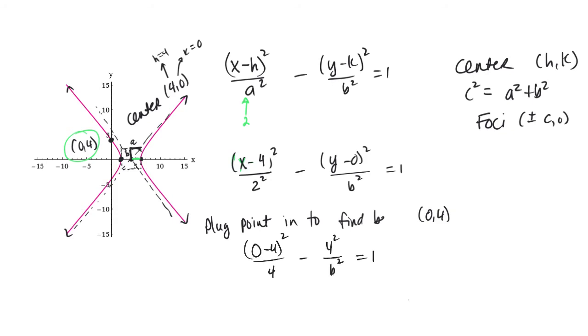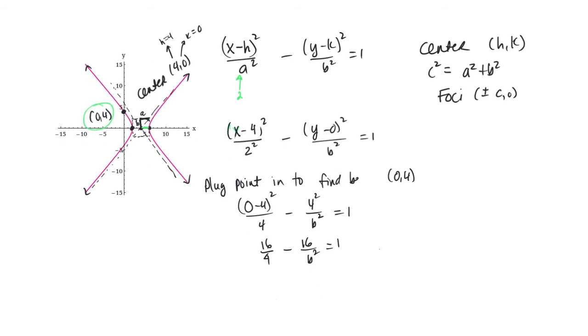All right, so then we would have 16 over 4 minus 16 over b squared is equal to 1. And I'll add 16 over b squared to the other side of the equation, and then subtract 1.